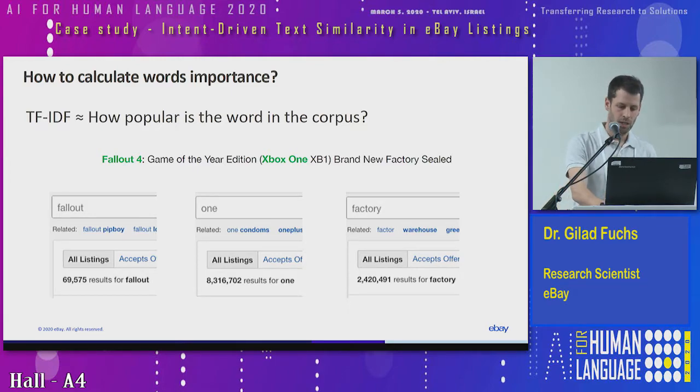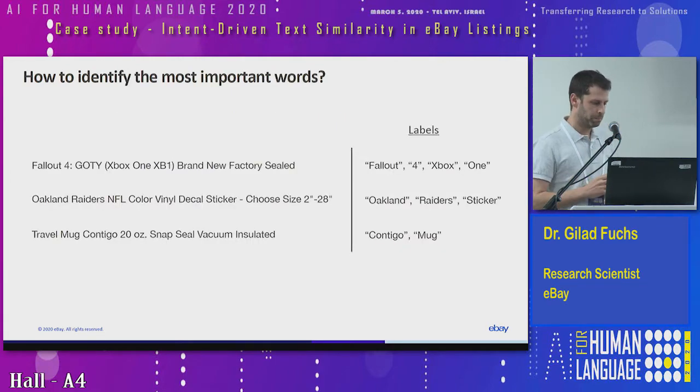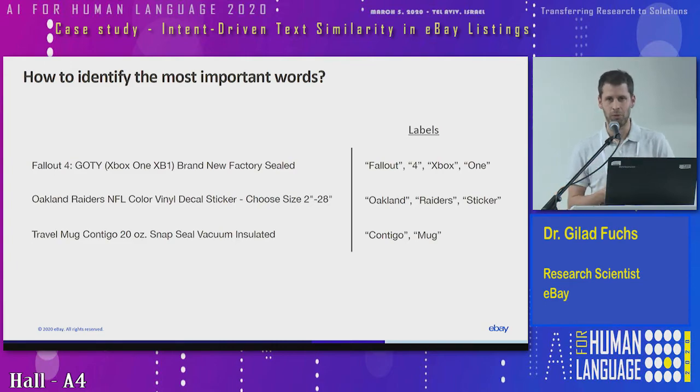So a different approach we were thinking about is to train a model that will tell us what is important and what is not important in each title. And then use this model's weights to create this average, or smarter average, that gives more weight to the more important tokens in the titles. And ideally, for training such a model, we need labels.